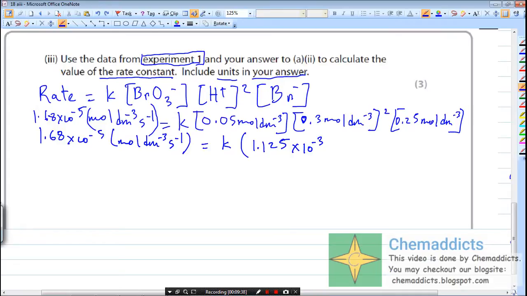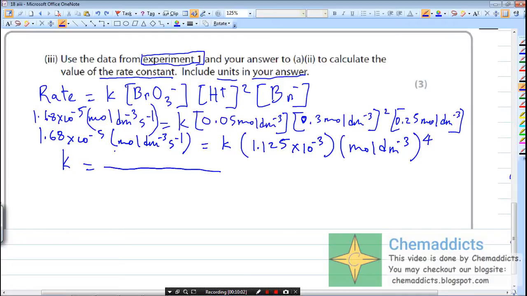And if we multiply these units as well, then we will get mole per dm cube to the power 4. Then let us calculate k by making k the subject.